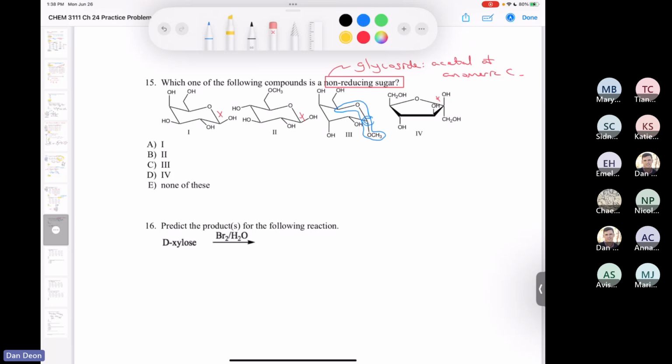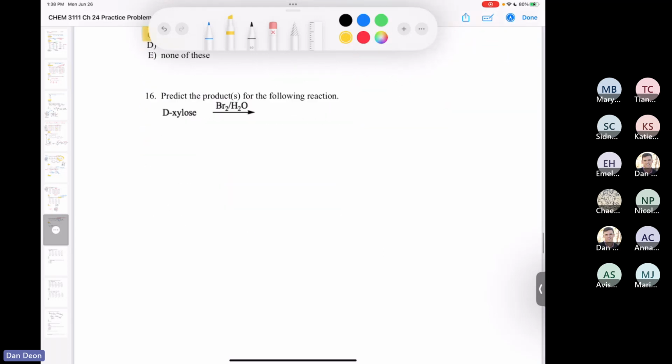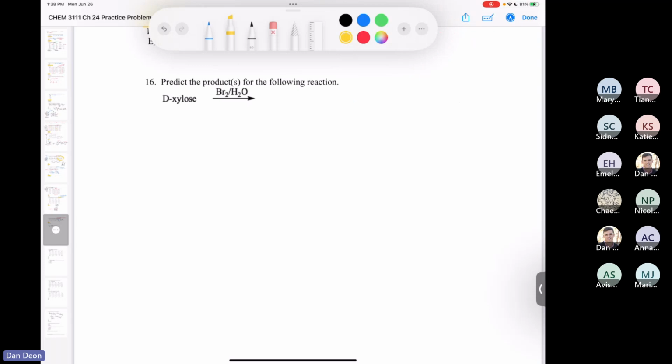All right, so non-reducing simply means that it can't reduce copper 2 to copper 1 in the Benedict's test, for example. And I cover that in the lecture video, so I won't go into any more detail than that. The next one says predict the products for the following reaction. So this one we're going to take D-xylose and treat it with bromine and water.